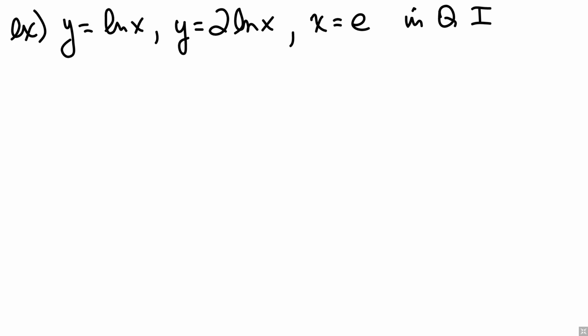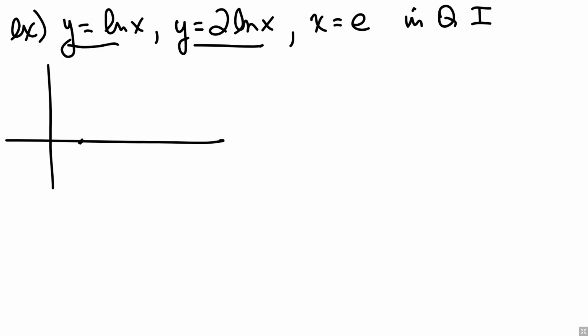So again, if I want to do this particular problem, I want to draw the region so I can see what I'm dealing with here. Okay, so for this particular problem, both of these functions intersect when x is 1.